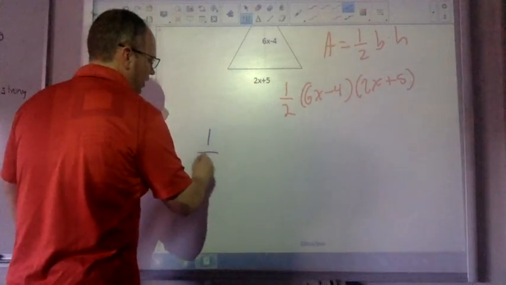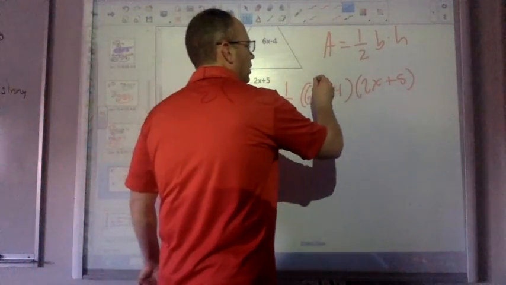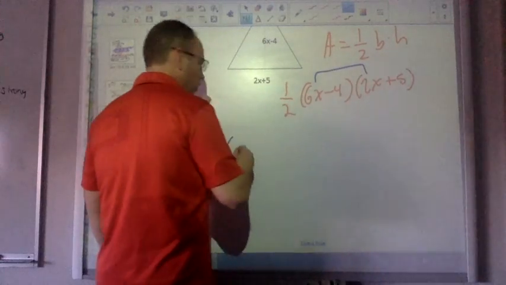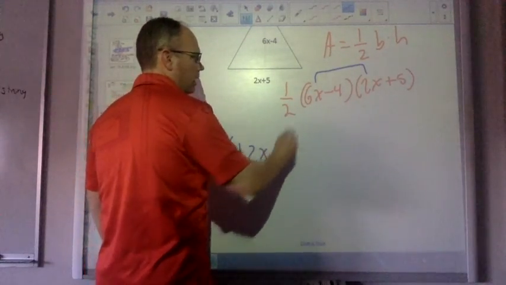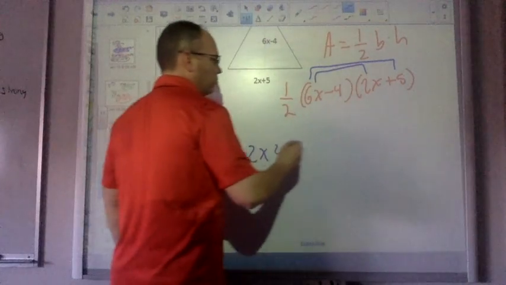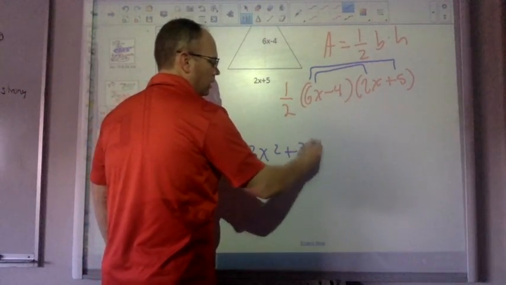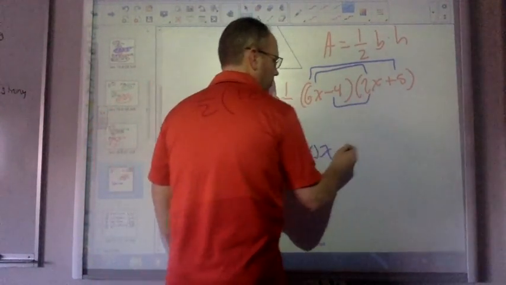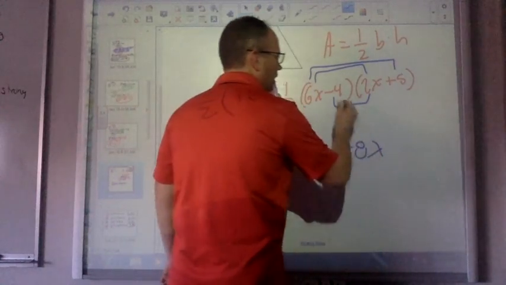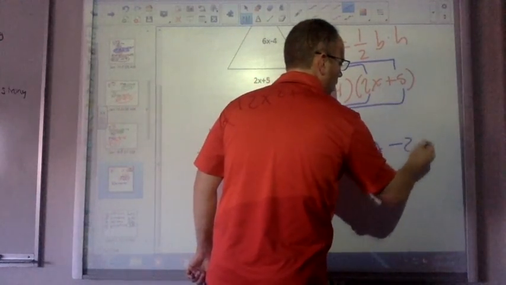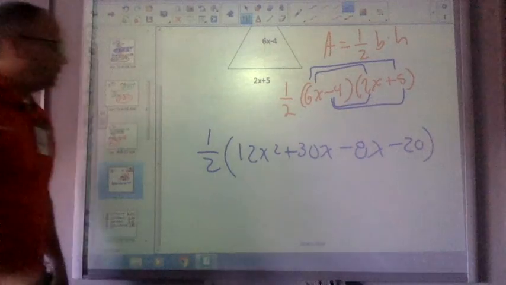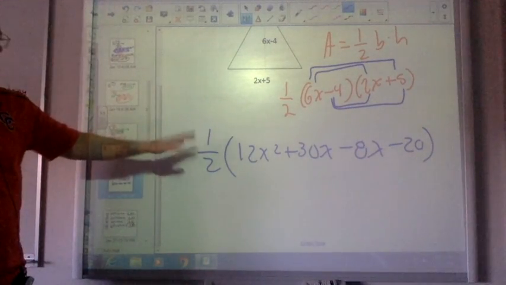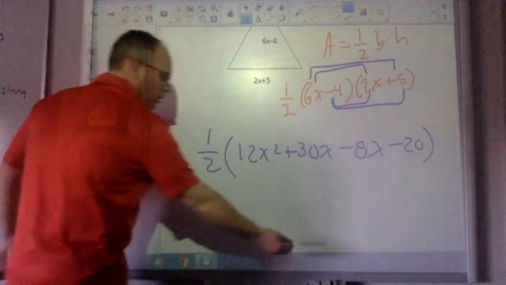So I'm going to distribute twice. That times that is 12x squared. This times that is 30x. This times this is minus 8x. And this times that is minus 20. Agree? Now we still have that 1/2 to deal with, but let's combine like terms first.